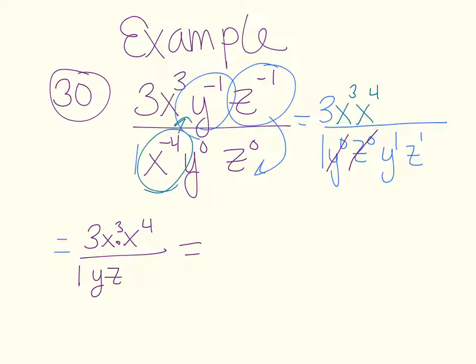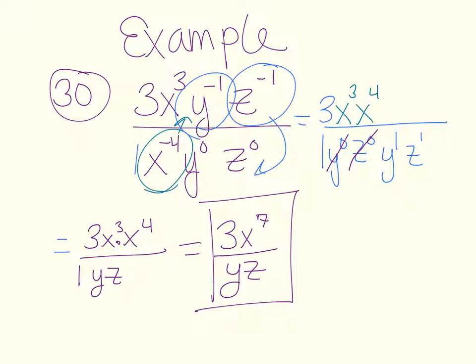The only other thing we can combine are the two x's. Same base, we can put them together. It's multiplication, so I'm adding my exponents. So 3x to the 7th divided by y z. There's a million different ways you can go about simplifying this, but you just want to make sure you're following all of your rules and you will be all set.